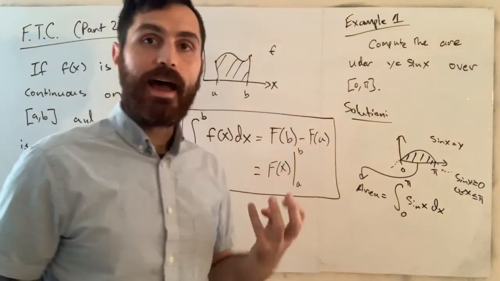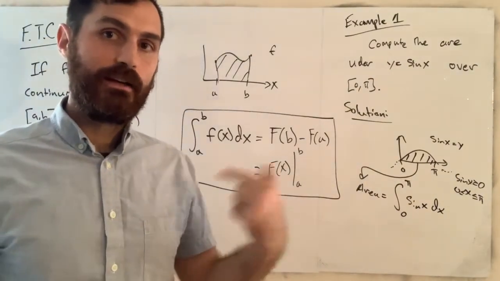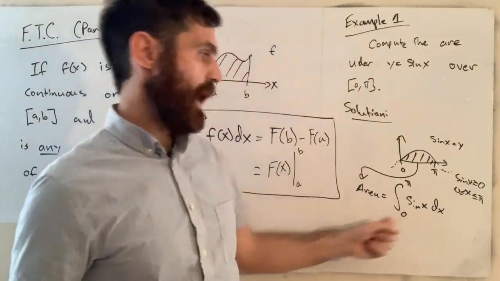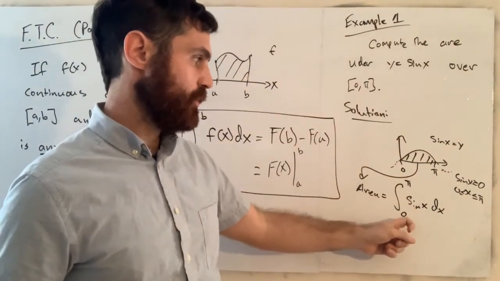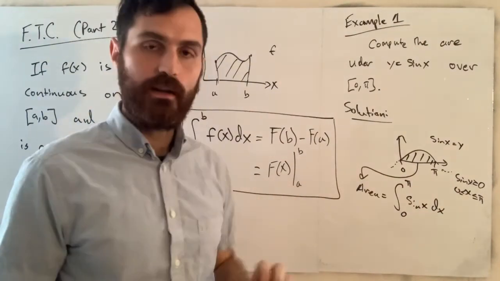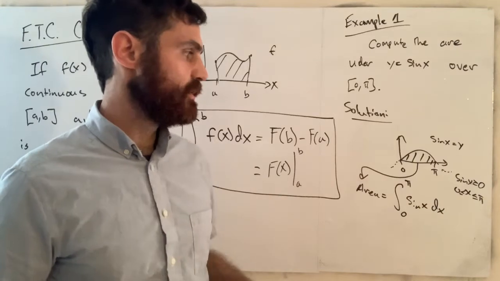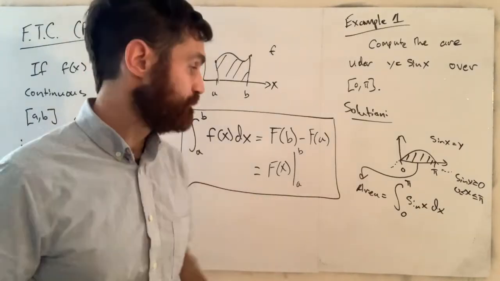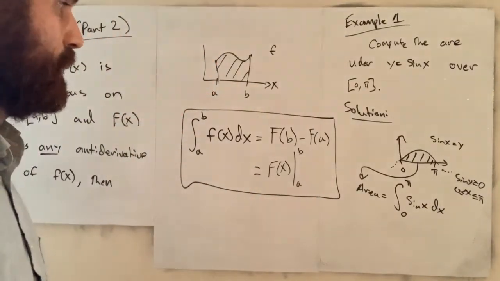So we've written it as an integral, but we want to get it as a number. Remember, whenever you have a continuous function here and you have your limits written there and they're actual numbers, this always stands for a number. Okay, so how do we evaluate it?